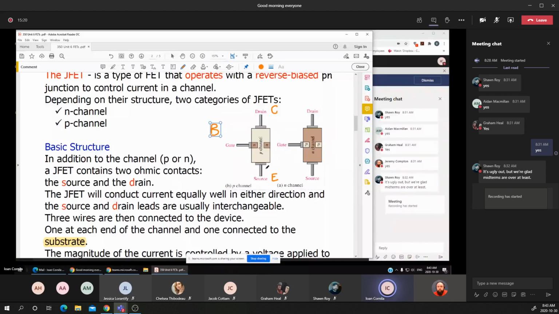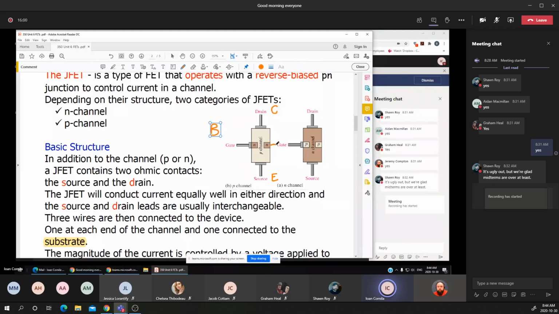has no limits or obstructions that would limit the current that flows between the drain and the source. You notice that embedded in this channel, on this substrate, there is an N semiconductor on each side. To simplify the drawing, the representation of the gate is connected to just one side.